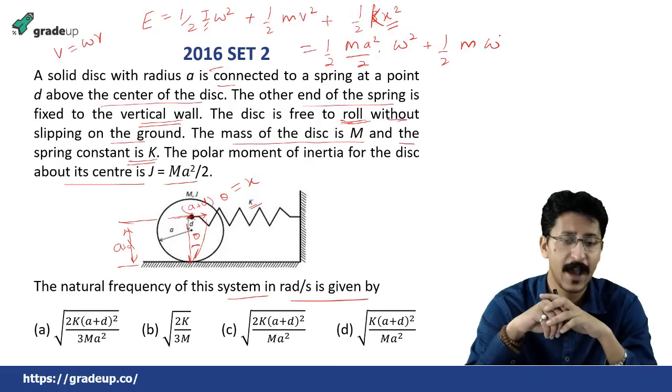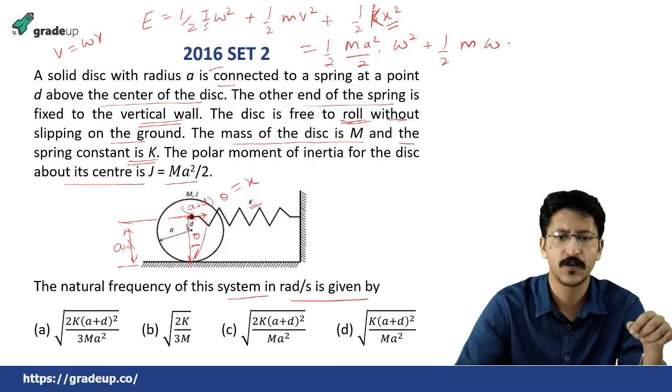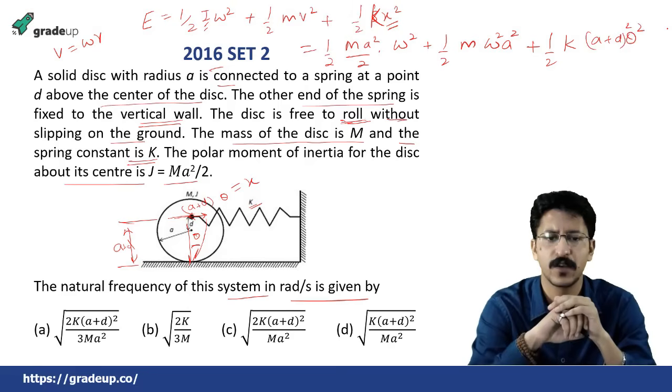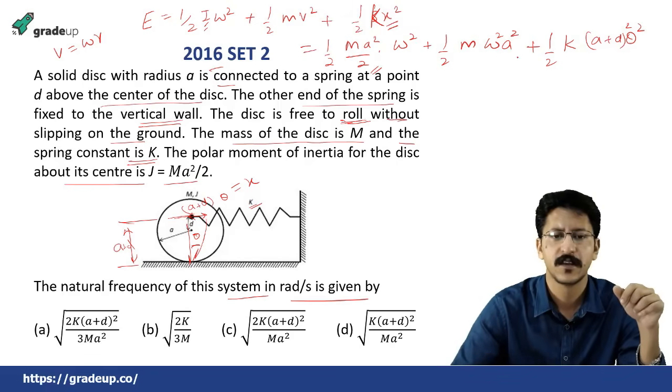But what will be r? R will be equal to a, because in this case the r is equal to a. So m omega square a square, plus half k, x is equal to a plus d theta, so a plus d theta whole square, theta square, like this. These are all the terms that we have converted, I, v and x.